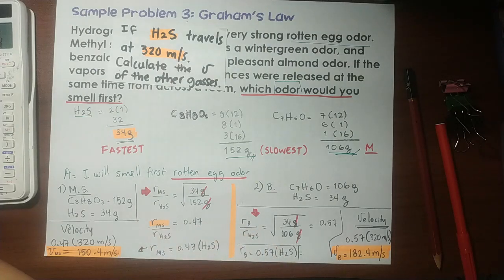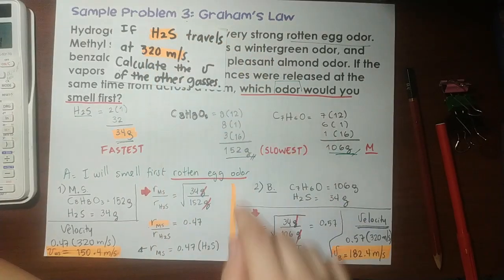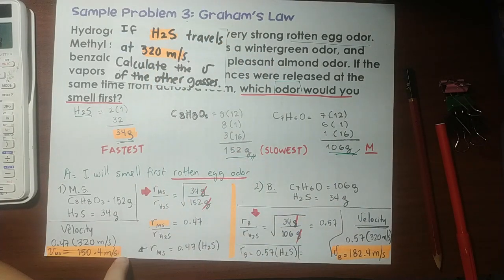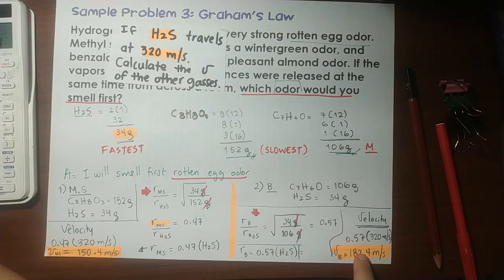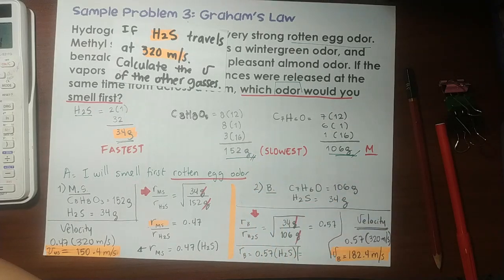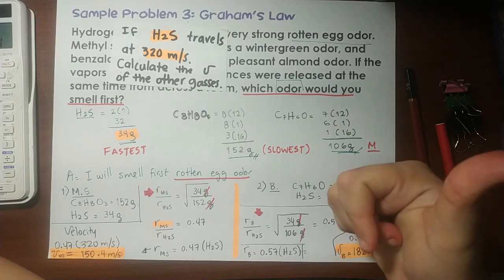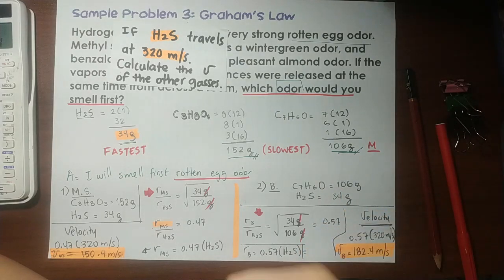I know the slowest of the gases must be the heaviest, which is methyl salicylate. And I have a velocity of 150. Between the three velocities, 320, 182, and 150, the least of the velocities is 150. So, as we assumed in the first step, methyl salicylate will be the slowest of the gases.